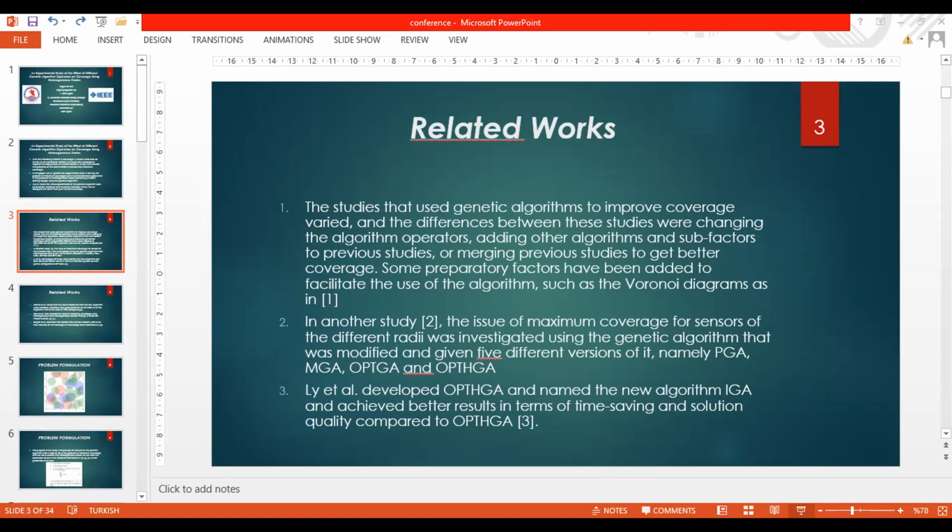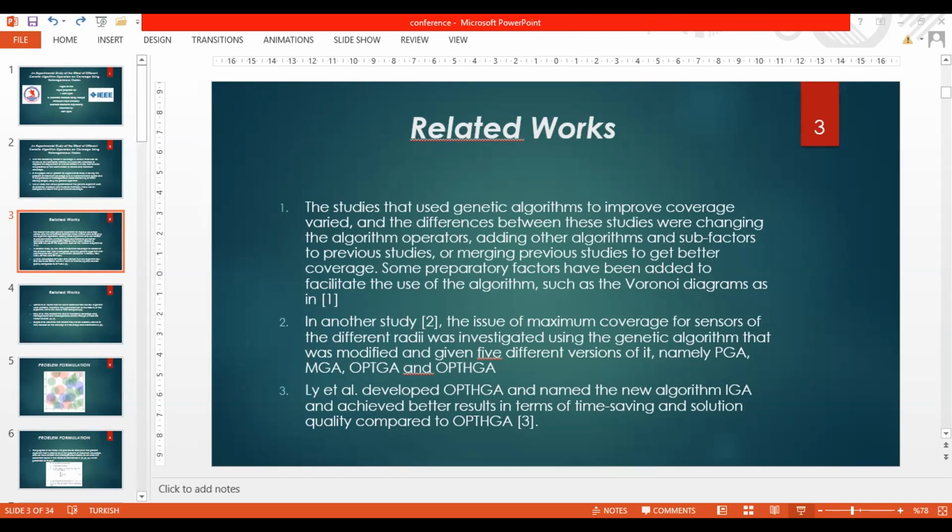In this paper, we present an experimental study in solving the problem of maximum coverage over a two-dimensional space and in the presence of heterogeneous nodes containing different sensing ranges using the genetic algorithm. We will study the various parameters of the genetic algorithm such as selection, crossover, and mutation methods. Finally, we will compare the results that give the best coverage.